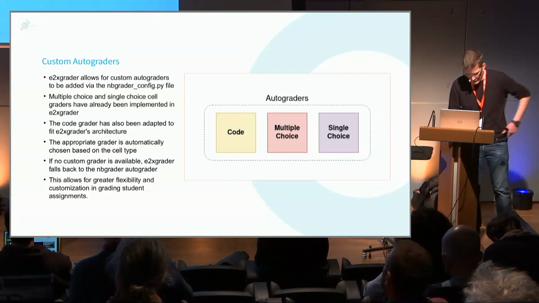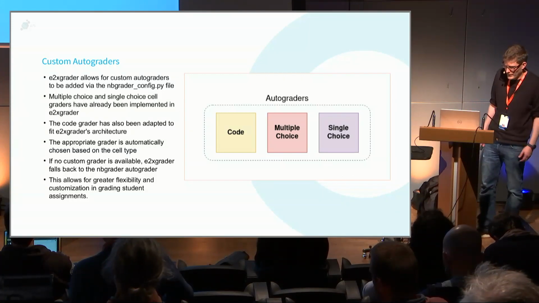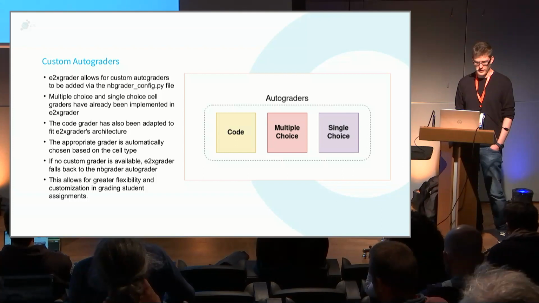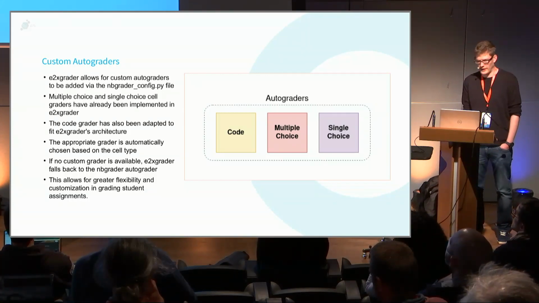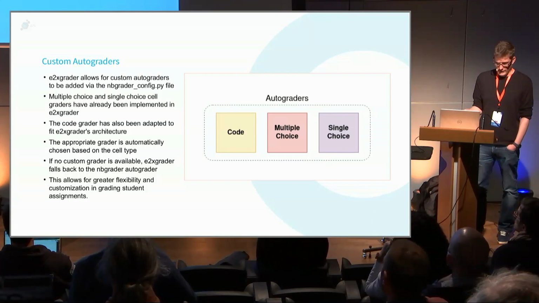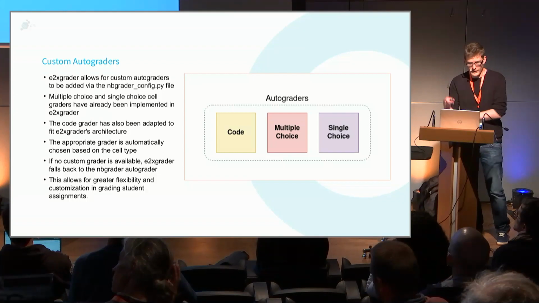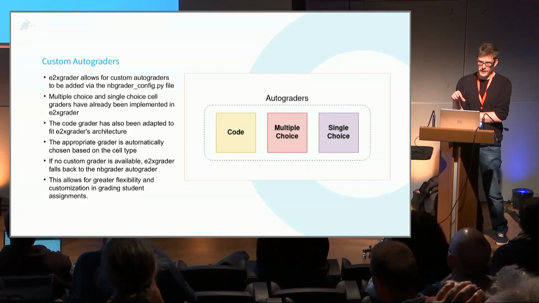And then, of course, if you have new cell types, you need new types of autograders. And these autograders can be configured in the Nbgrader config. I mean, if you're not familiar with Nbgrader, it's very similar to the Jupyter Notebook config.py. And there's just a dictionary. You can say, okay, please replace this grader with another one.